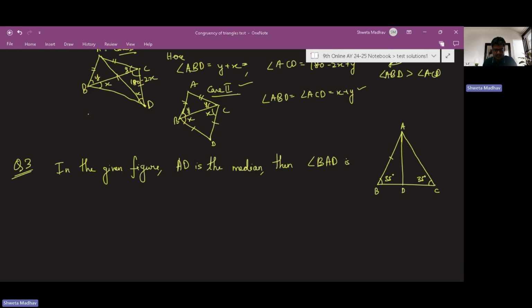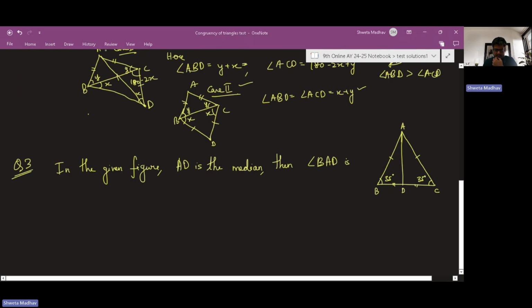And these two sides are equal. It has been given. So here it is told that AD is the median. So it means that these two lengths are also equal.